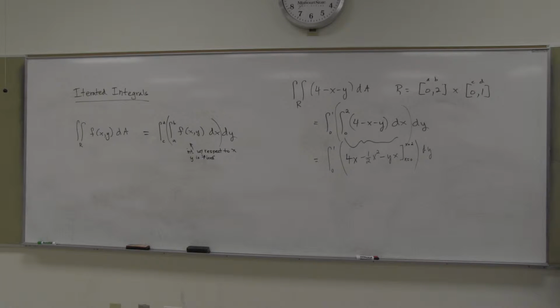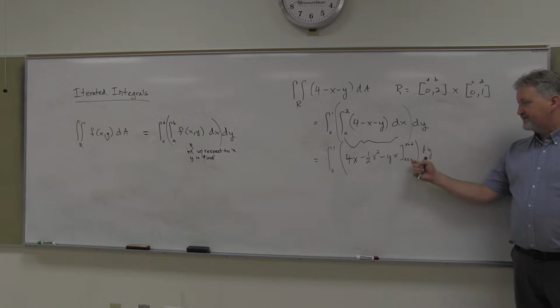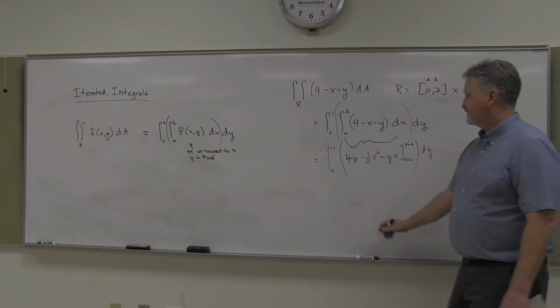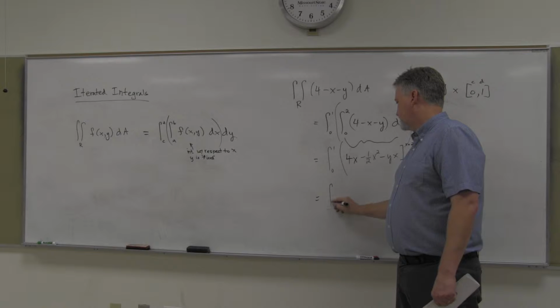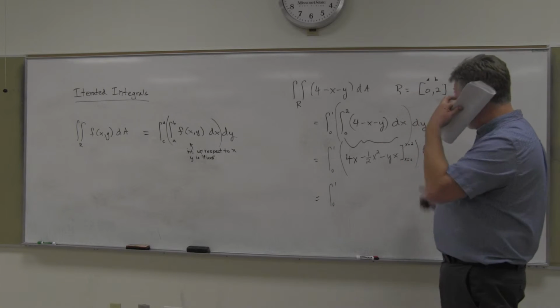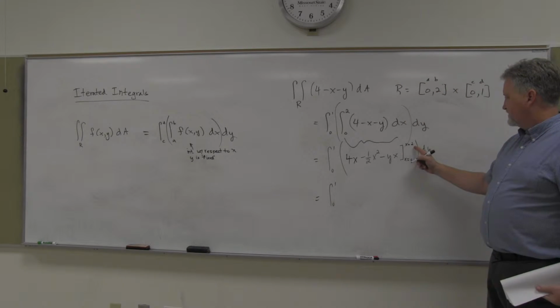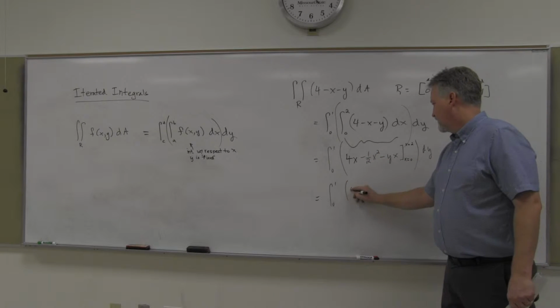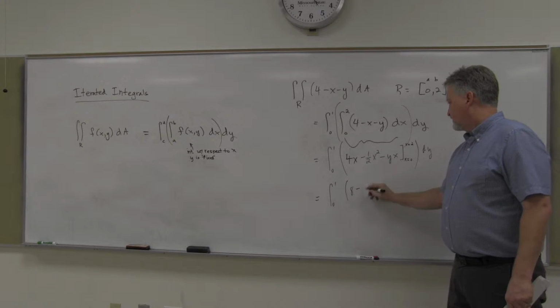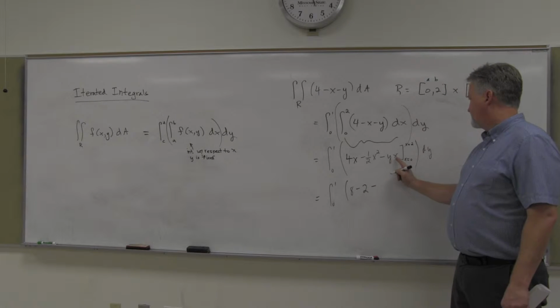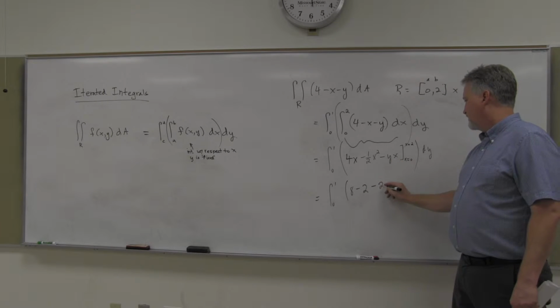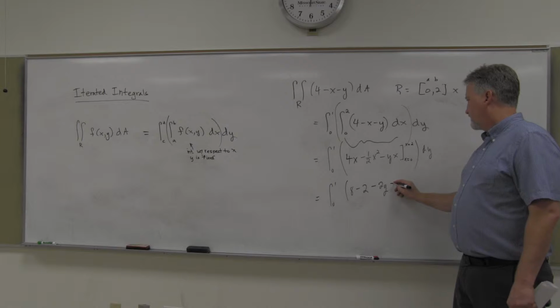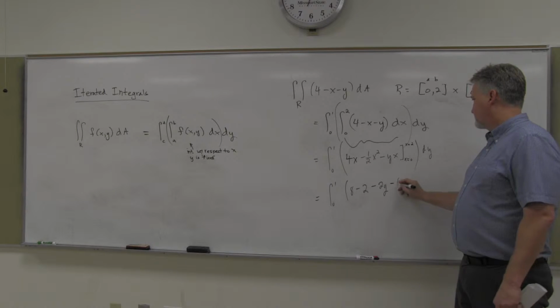Now we've got x from 0 to 2, so we're just going to plug those in. We've still got this integral from 0 to 1 to deal with. If x is 2, I've got 8 minus half of 4, so that's 8 minus 2, minus 2y. And then plug in the 0, that's nice because all those are zeros.